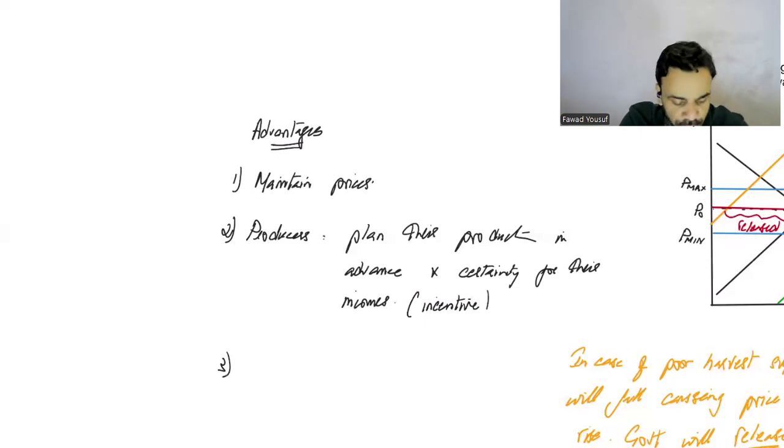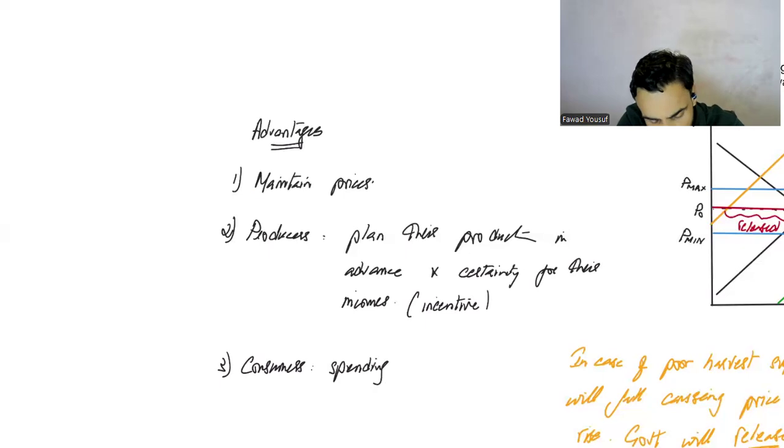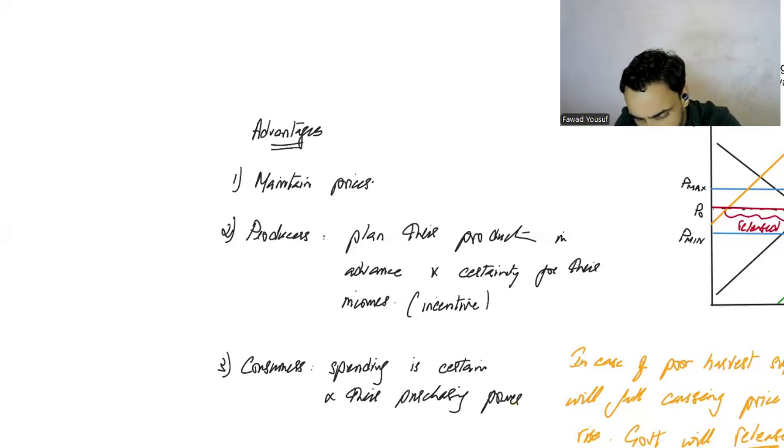Similarly, buffer stock can also help consumers in a way, because at the end of the day, if you're maintaining the prices, the consumer spending is certain and their purchasing power is sort of maintained, right?